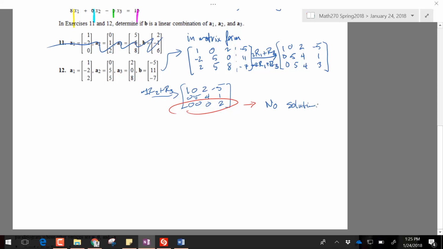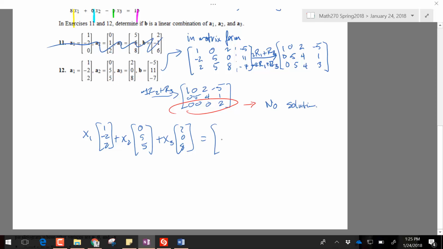So what they're saying here is that you cannot write x1 times a1, which is 1, negative 2, 2, plus x2 times a2, 0, 5, 5, plus x3 times a3, which is 2, 0, 8.